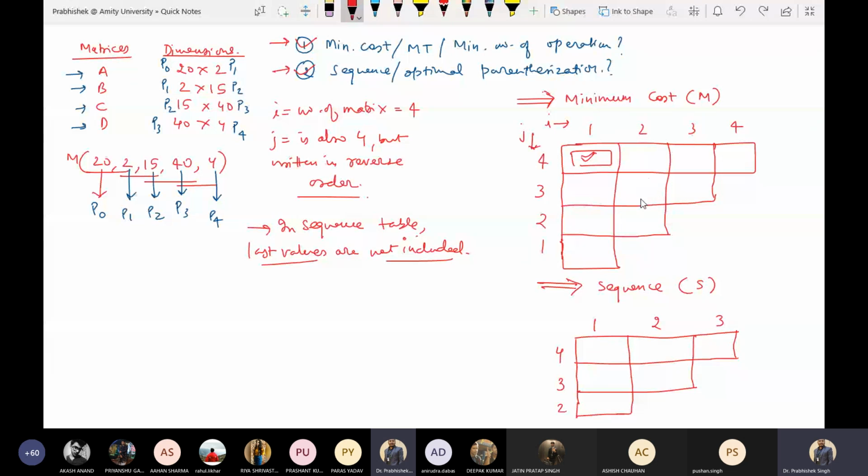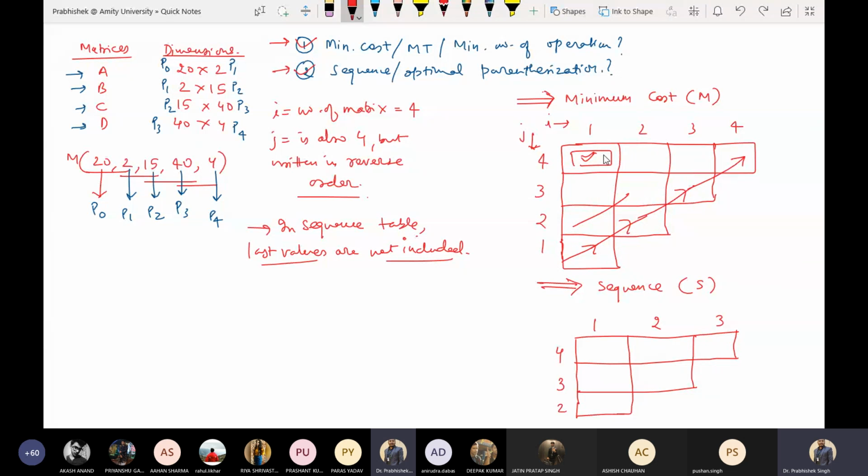Means first calculate this value, then this value, then this value, and so on. After calculating all these values, only then can you calculate this value.